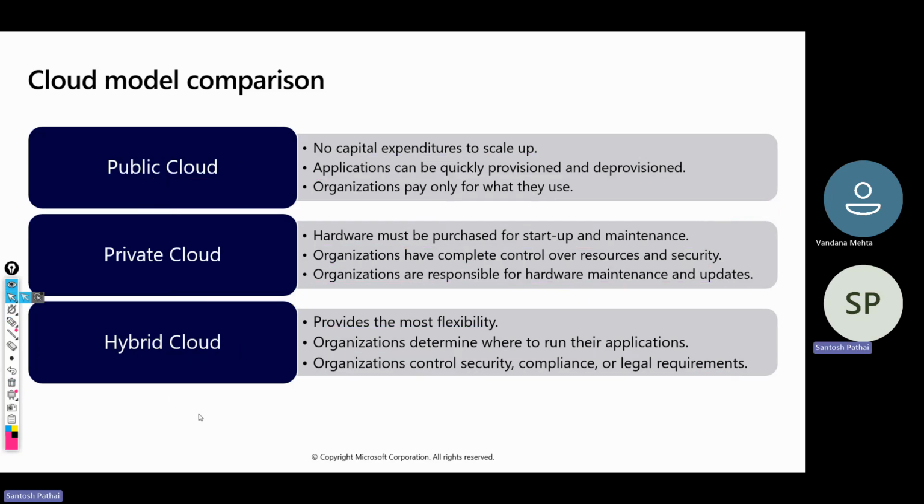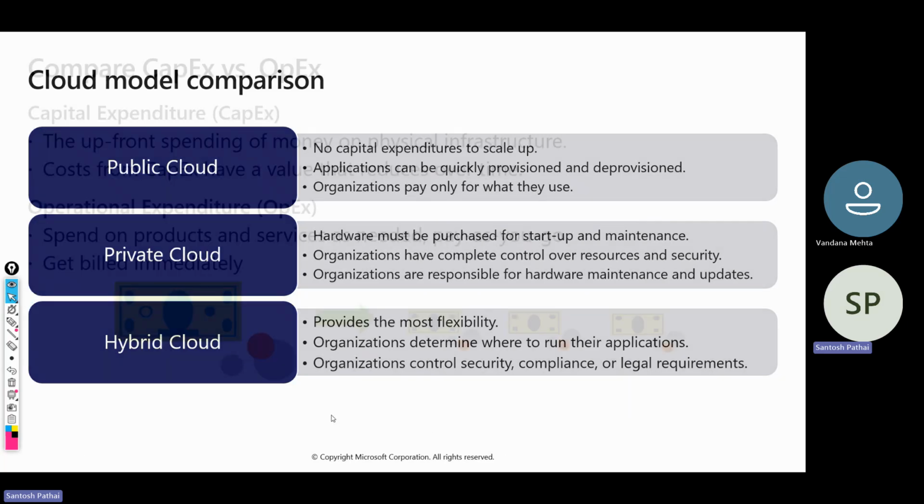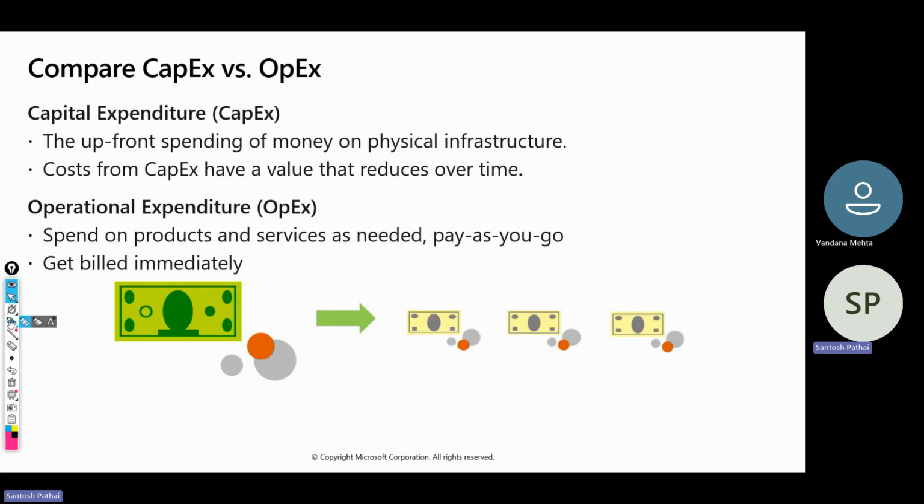Now, when we talk about expenditures, the upfront investment, we have two types of expenses. First is capital expenditure, termed CapEx. This is the upfront spending of money on physical infrastructure. When I'm going to Azure, I don't need to spend upfront.